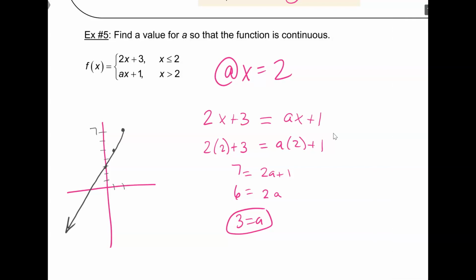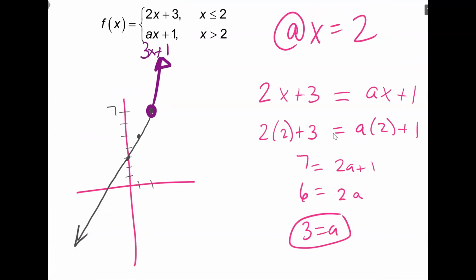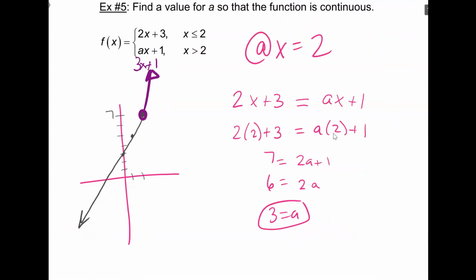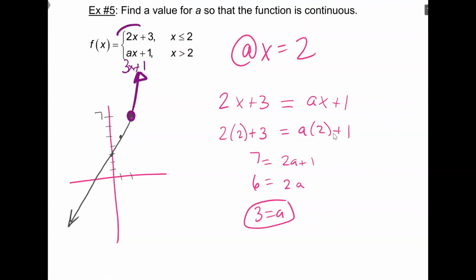If this were 3x plus 1, at x equals 2 that would make it a hole at 7, and then it continues on like that. So I wanted it to overlap at this point. The gray one, the first one, should be a closed circle, and then my open circle should go directly around it. That way I don't have a jump discontinuity. It just continues on going. Since I wanted the y values to be the same, I set them equal to each other and found out what a should be so that they match.